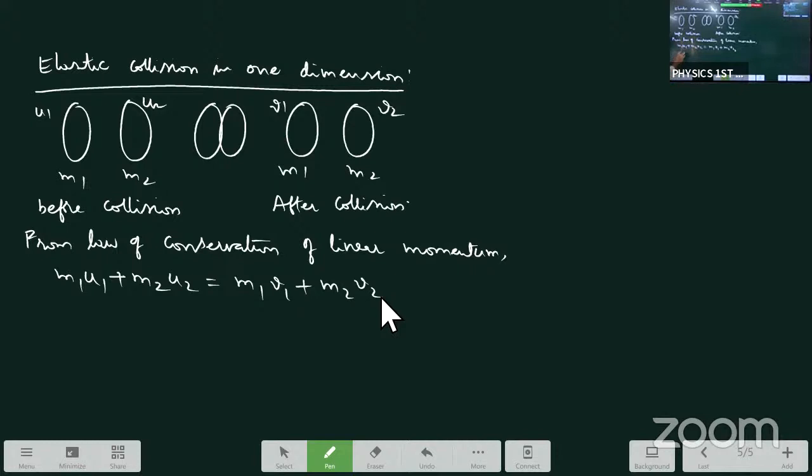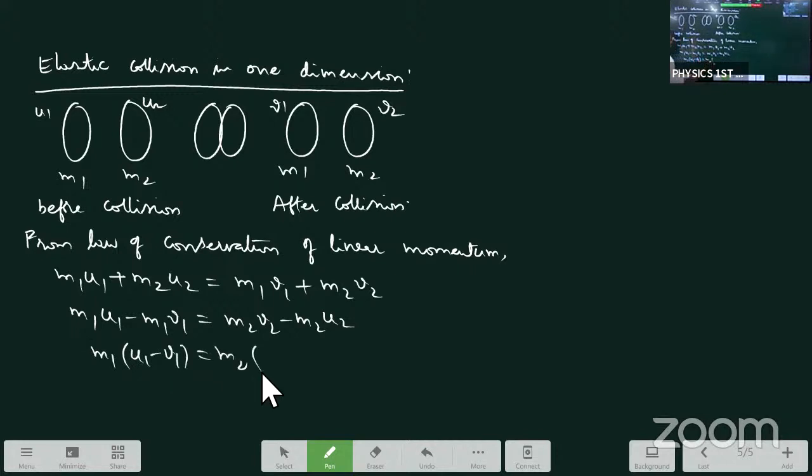Write initial quantities on one side and final quantities on the other side: m1 u1 minus m1 v1 is equal to m2 v2 minus m2 u2. Here m1 is common, so m1 (u1 minus v1) is equal to m2 common, that is m2 (v2 minus u2). So this is equation 1.